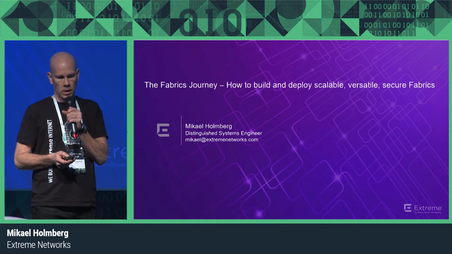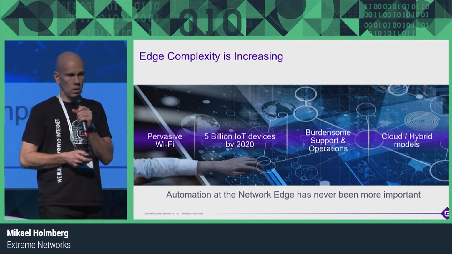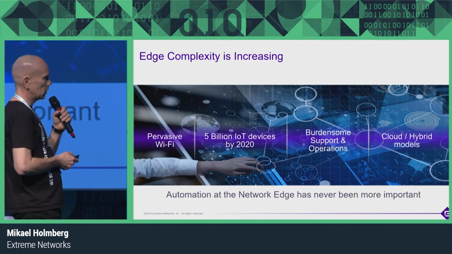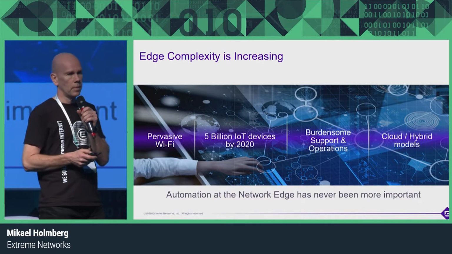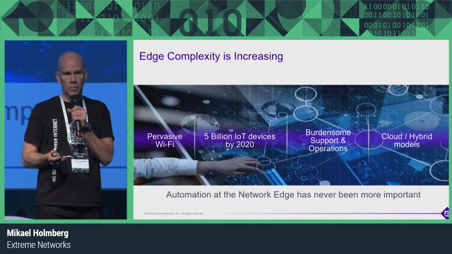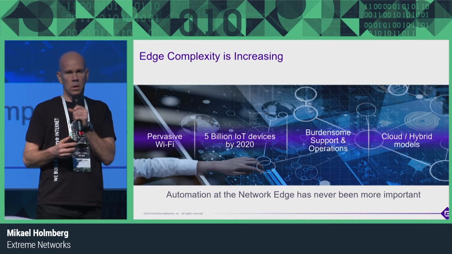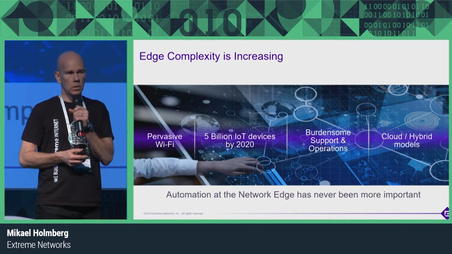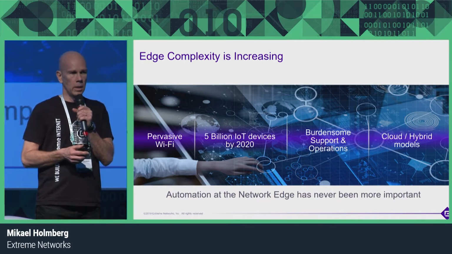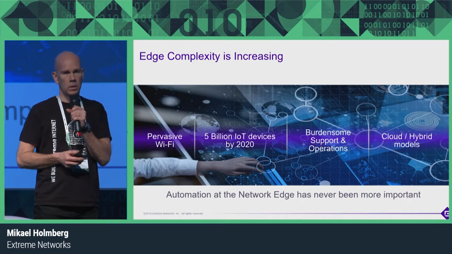So to begin this journey, this is actually the only marketing slide I have here, but I think this puts some context into what I'm going to present. We all know that we have pervasive Wi-Fi. We have lots and lots of IoT devices. I actually read somewhere that by 2023, they expect to have more than 16 billion IoT devices.